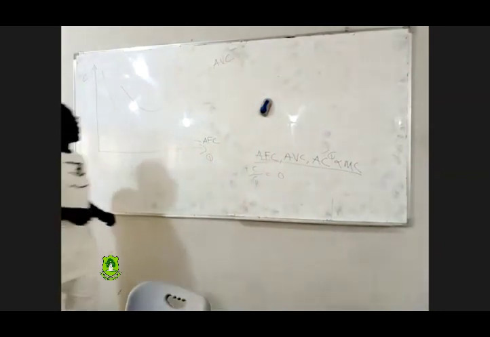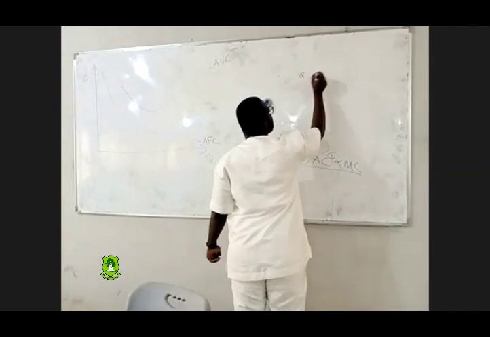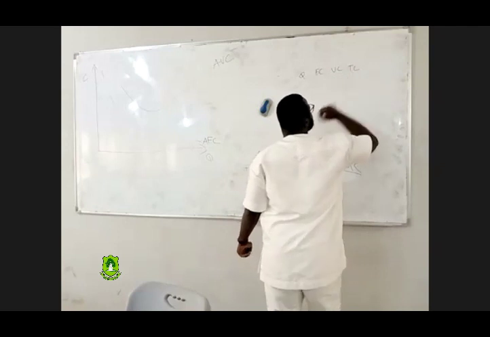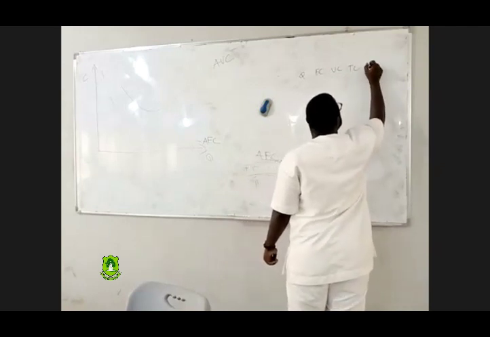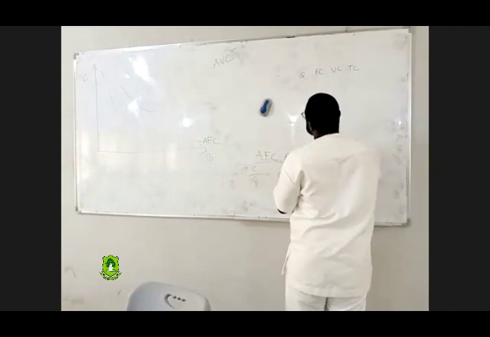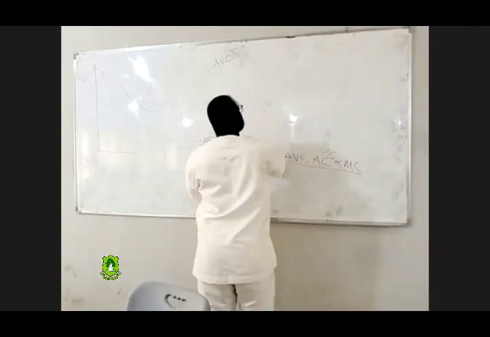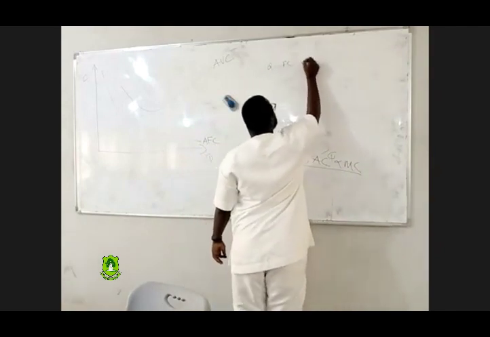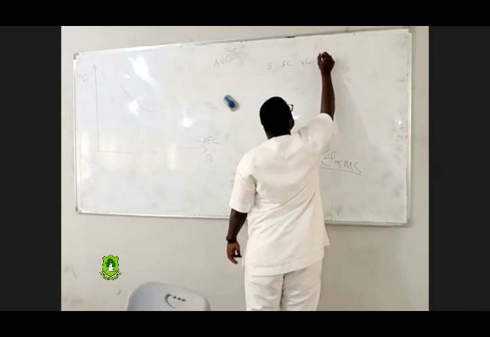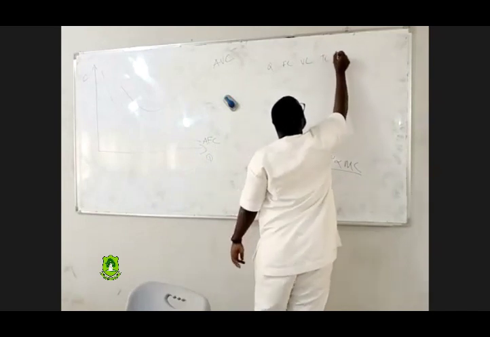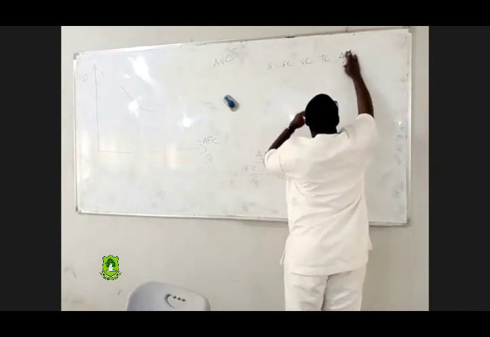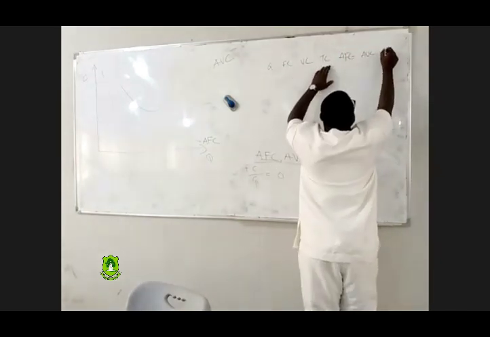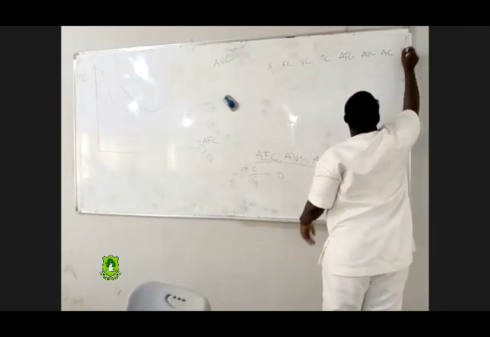The illustrations. For instance, you have quantity here, you have fixed cost, variable cost, total cost, average fixed cost, average variable cost, average total cost, and you also have marginal cost.